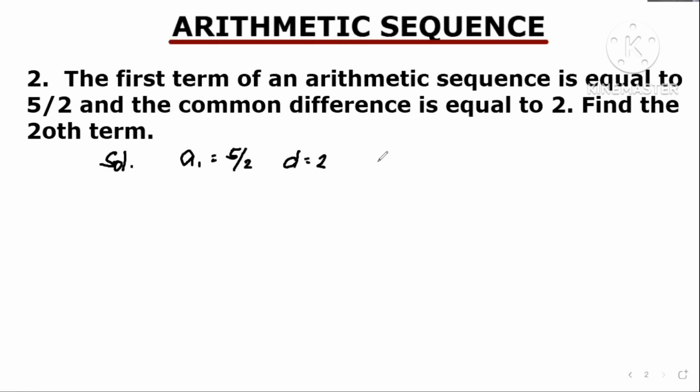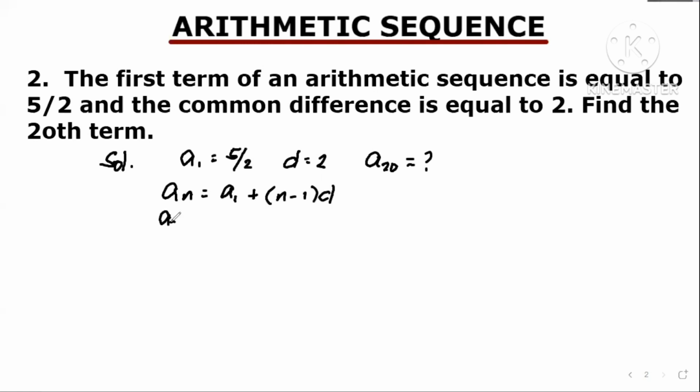We're asked to find the 20th term. So what is missing is a sub 20. Again, using the formula for the nth term, a sub n is equal to a sub 1 plus n minus 1 times d.